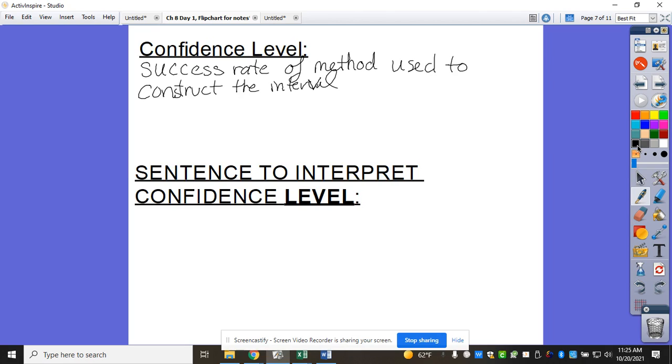And we wrote this on the front, so you don't have to write this. Your confidence level goes up when your width goes up.